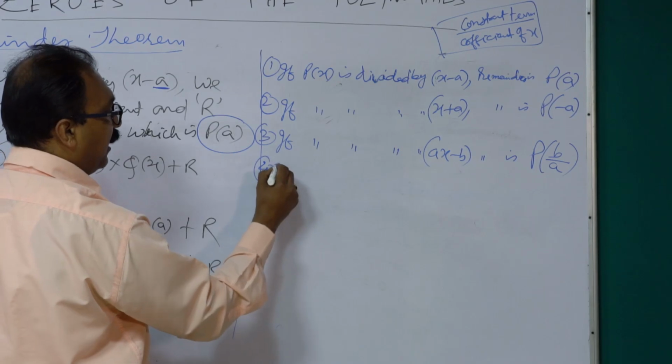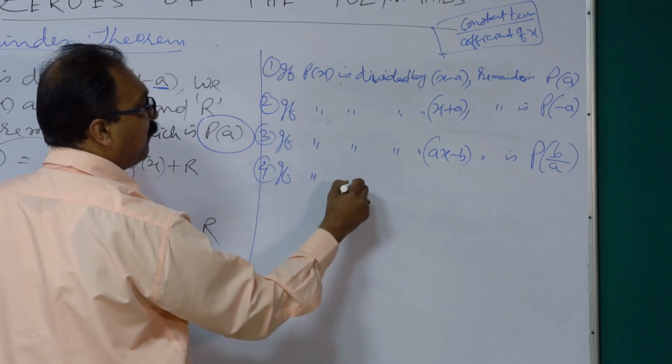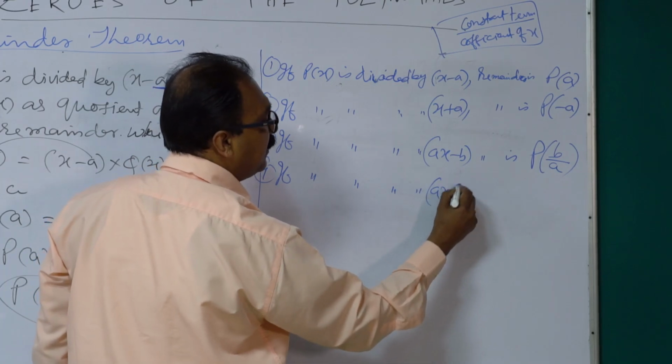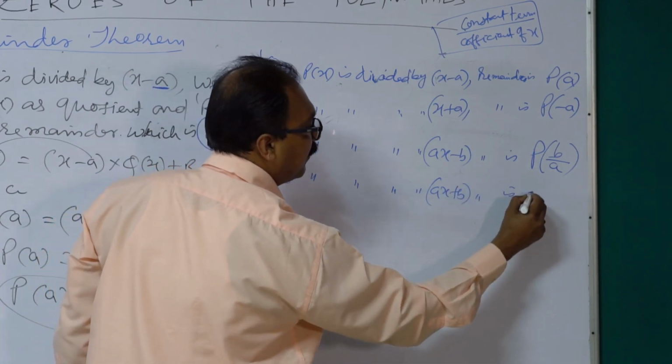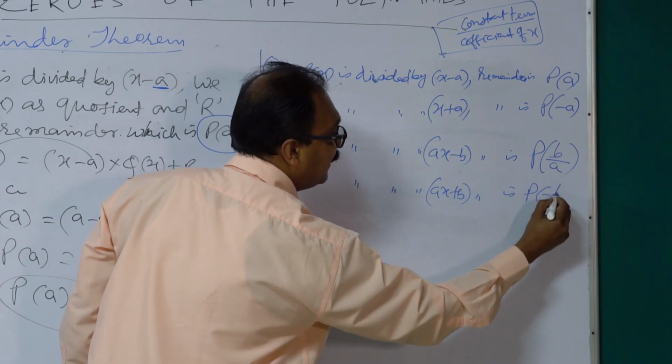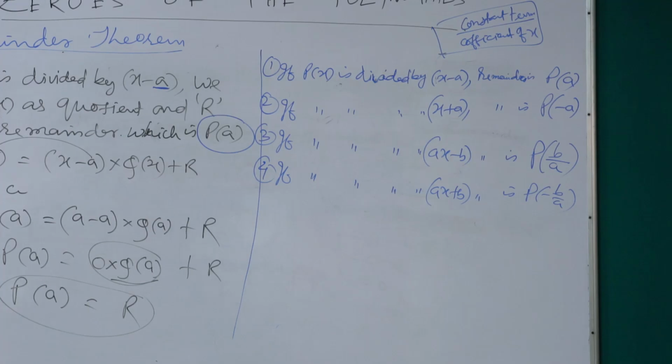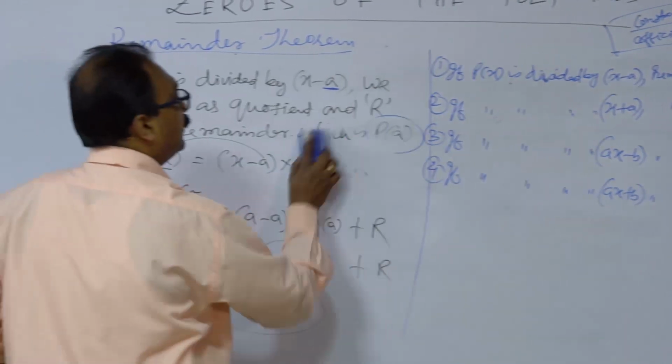Number 4: if p of x is divided by ax plus b, then the remainder is p of minus b by a. This is a formula. If you remember the formula, we can solve easily. Clear? So now come to some examples of how to get the remainder. Clear or not? Chalo.